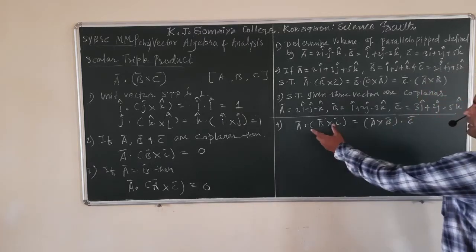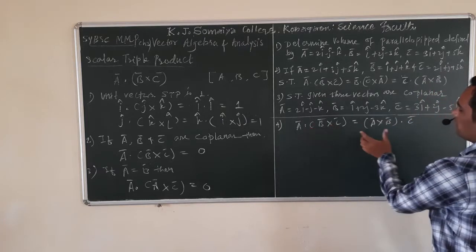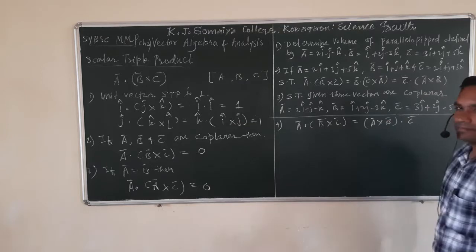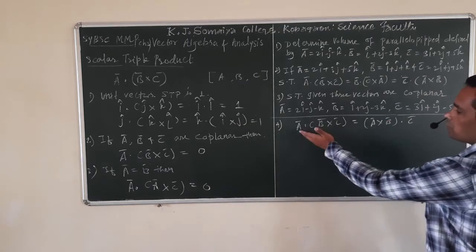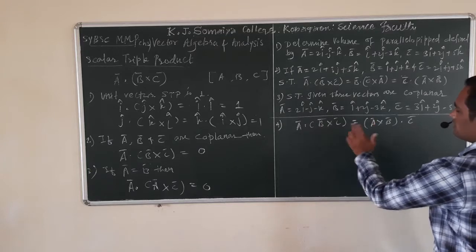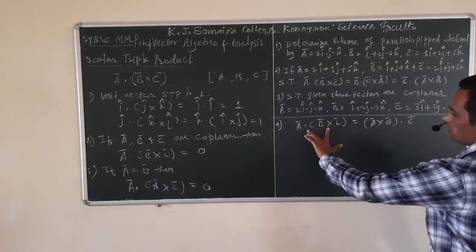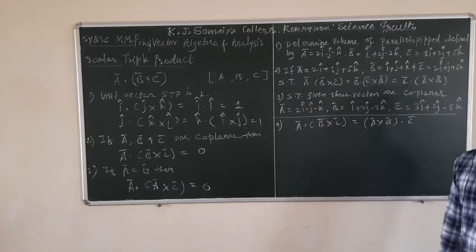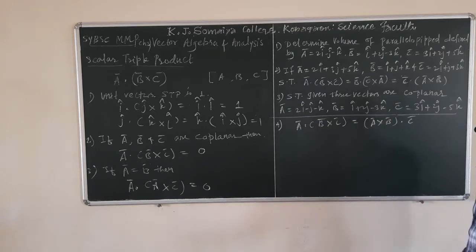Remember, while exchanging dot and cross, keep the vectors as they are. So the order of these vectors will remain the same, A B C, A B C, we are exchanging only dot and cross. Okay, so in scalar triple product we can exchange dot with cross.